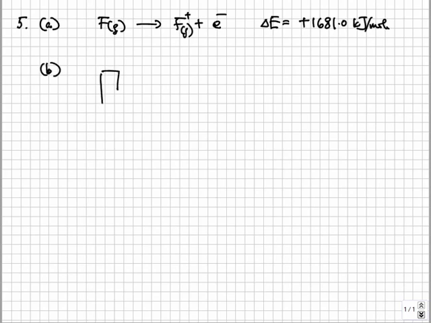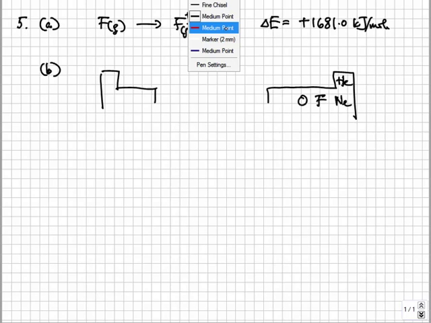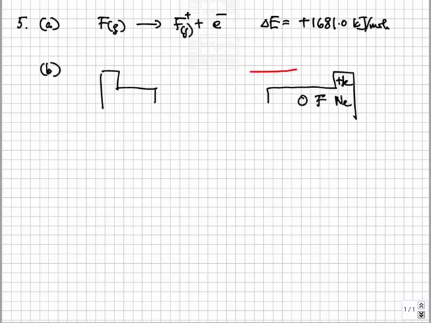B. If you look at the location of these atoms in the periodic table, you see that F and O are on the top right of the periodic table, next to neon. In general, the ionization energy decreases going from right to left in a row in the periodic table.